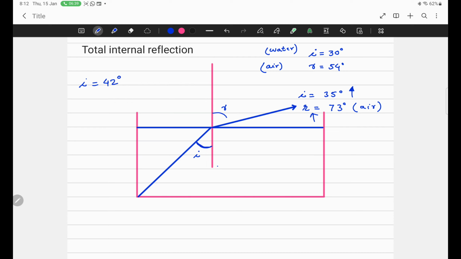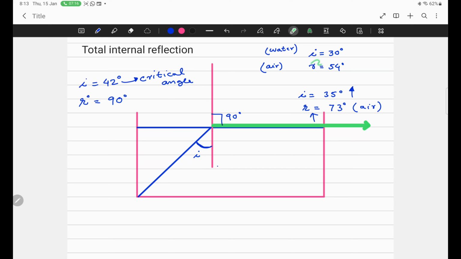If the angle I is 42 degrees, the angle of refraction becomes 90 degrees. Incident angle 42 degrees, angle of refraction 90 degrees, and this angle of incidence is called the critical angle.